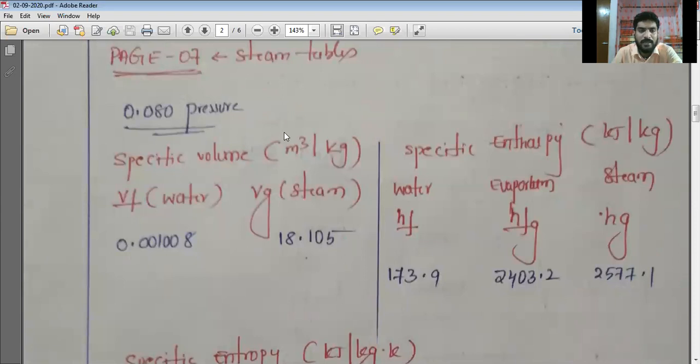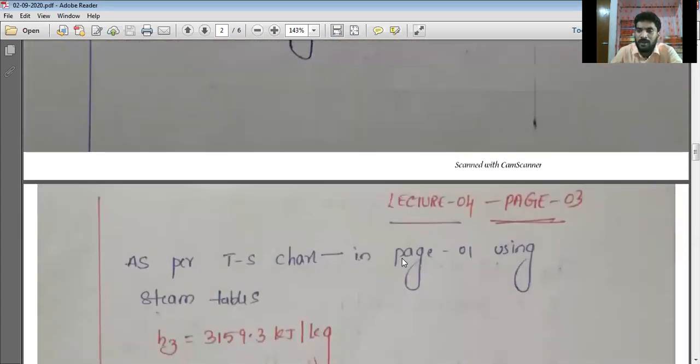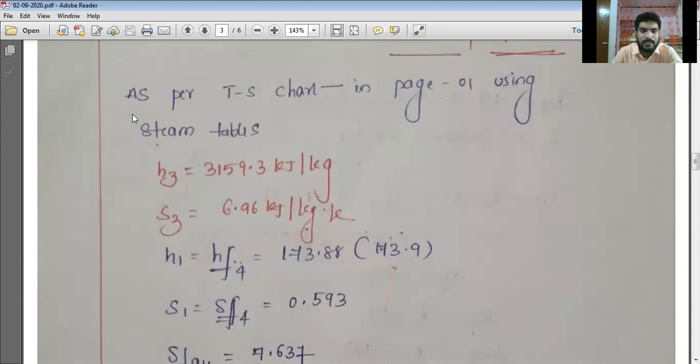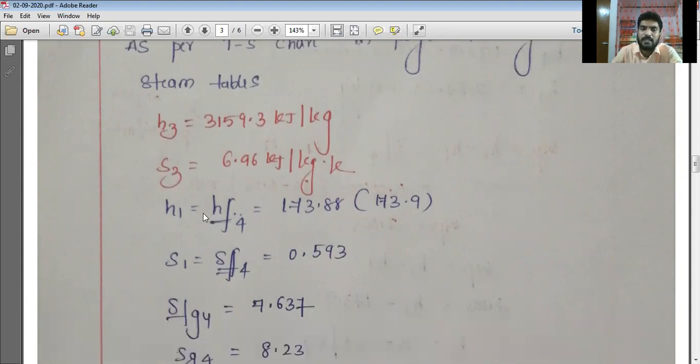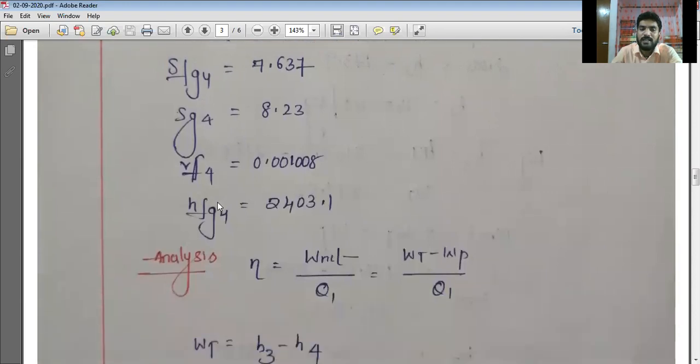Now I move on, based on the values taken from the steam tables just now. So as per the TS chart and with the help of the steam tables, these are the values H3 and S3, H1 and S1, SFG and H4.